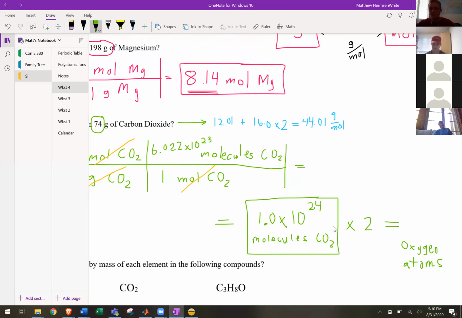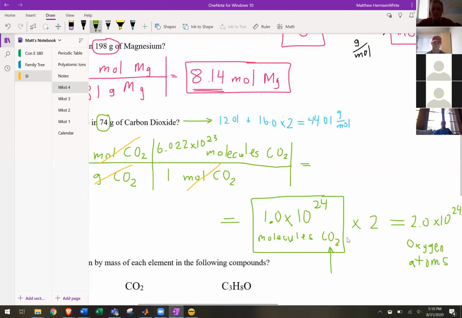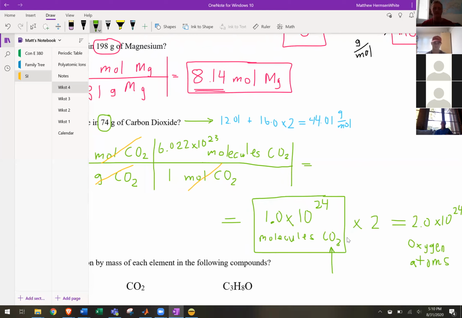So if we want to get oxygen atoms, we times it by 2 because for each molecule of carbon dioxide, there's 2 oxygen atoms. So in each molecule, there's 2 oxygens, and this would give us 2.0 times 10 to the 24 oxygen atoms. So Avogadro's number, to summarize, you can go to molecules and atoms. You just have to be careful about what you're doing your calculations with. Is it a molecule or is it an atom?